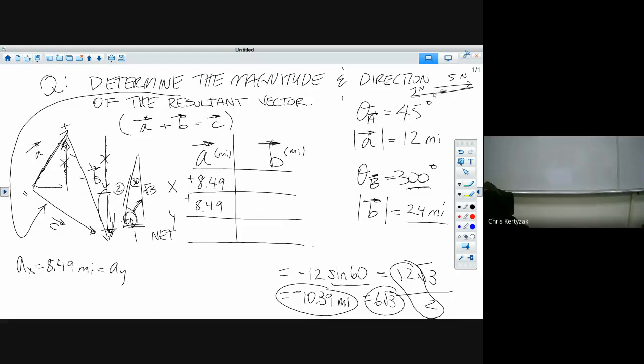This 7 newton vector is really 5 newtons plus another 2 newtons, right? 5 plus 2 gives you the full 7. What is this 5 newtons to the right plus this 5 newtons to the left? Nothing, they cancel. What is the resultant or the net of this? 2 newtons to the left, right? It's the extra amount in a certain direction. That's what net means.